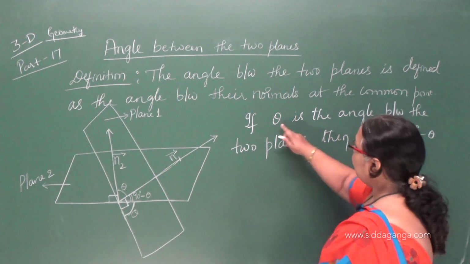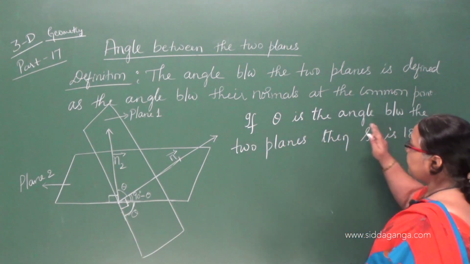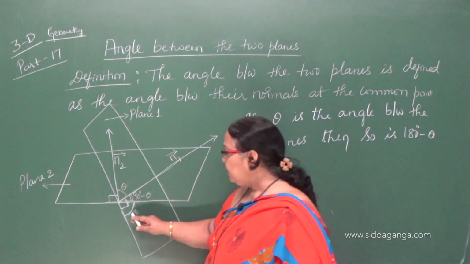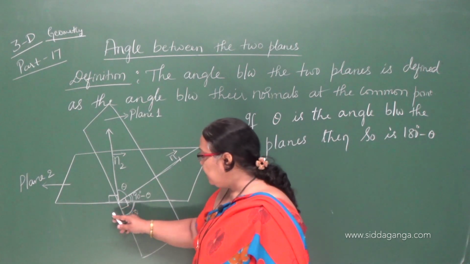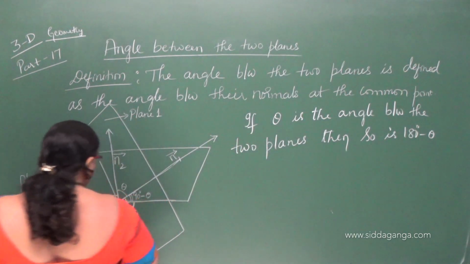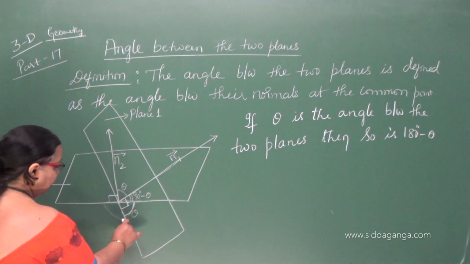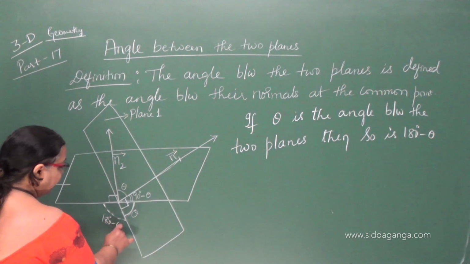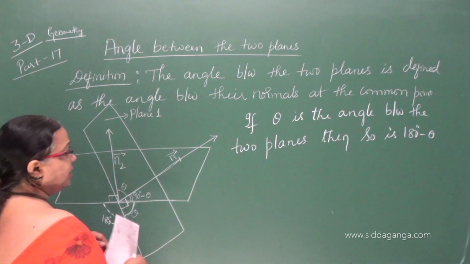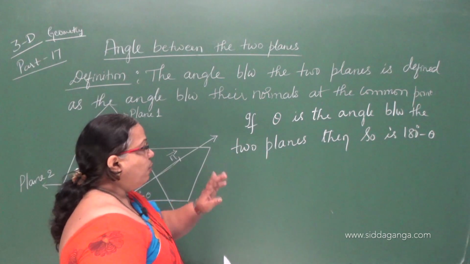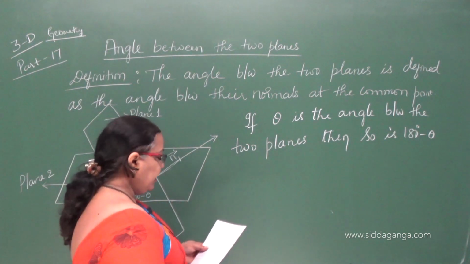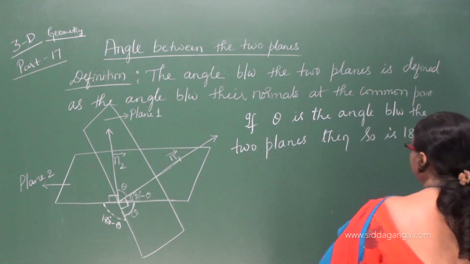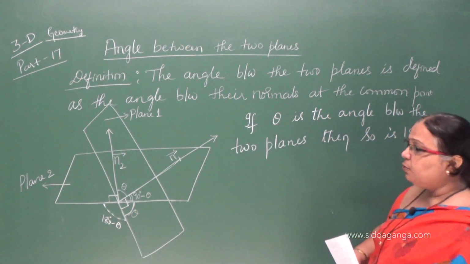Both these angles represent the angle between the two planes. So if this angle is theta, then this angle is 180 degree minus theta. Now, we have to consider the acute angle as the angle between the two planes.